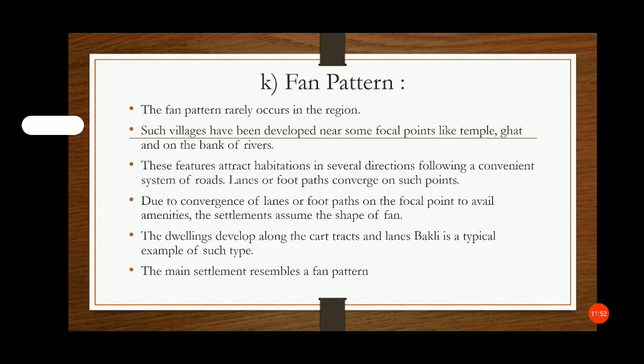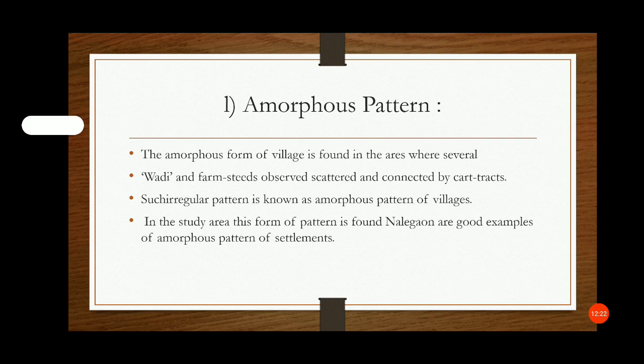The settlement assumes the shape of a fan. The dwellings developed along the cart terrace, cart tracks, and lanes. Bhakli is a typical example of this type. The main settlement resembles a fan pattern.